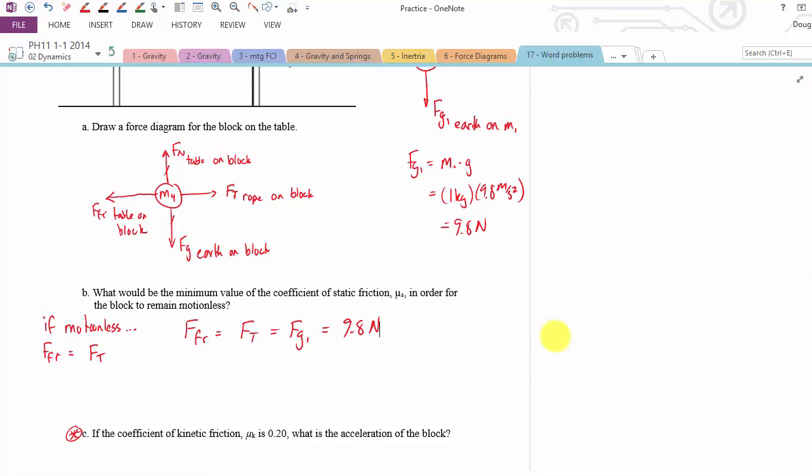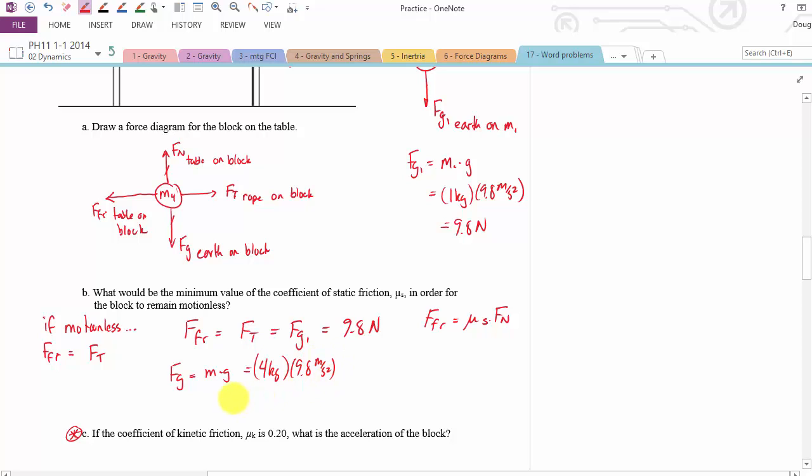And we want to know what the coefficient of static friction is. So we're going to be using this formula. Force of friction is mu s Fn. Fn is equal and opposite to Fg, so we could go, well, Fg is mg, which is 4 kilograms times 9.8 meters per second squared.